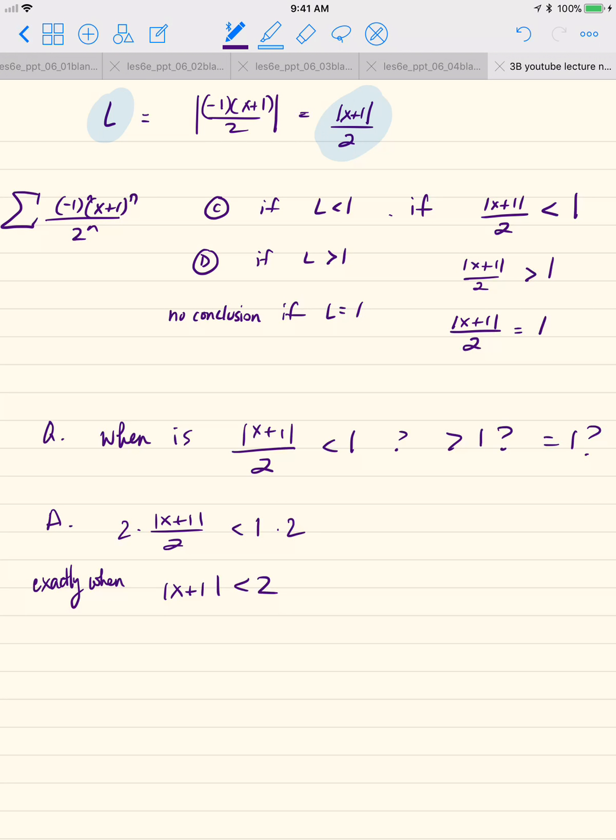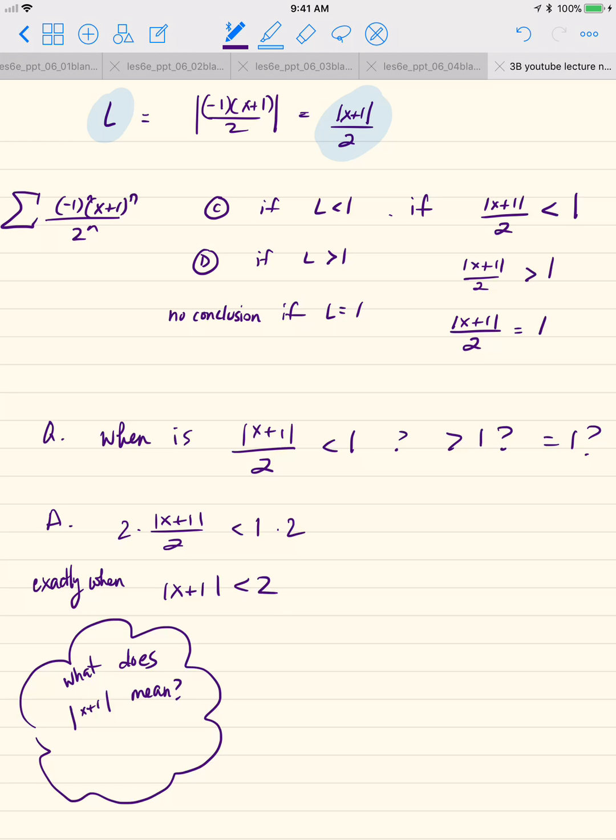For which x is the absolute value of x plus 1 less than 2? In order to easily understand this, think about what the absolute value of x plus 1 means. It means the distance between x and negative 1.